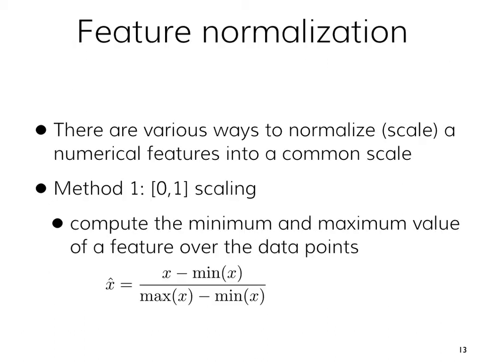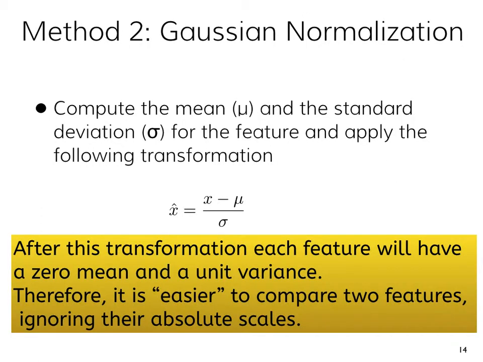There are two standard methods of doing feature scaling. One is called 0-1 scaling, where you basically subtract the minimum value of the given data points, and then you divide that by the difference between the maximum and the minimum. The second method is called Gaussian normalization.